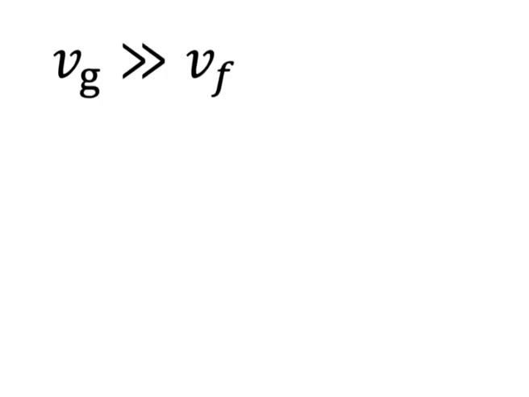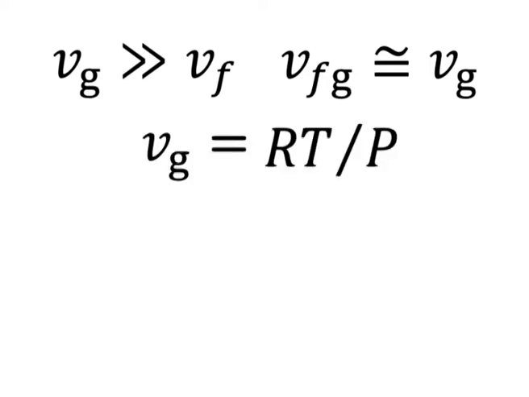The Clapeyron equation can be simplified for liquid vapor and solid vapor phase changes by utilizing some approximations. At low pressures, Vg is much greater than Vf and thus Vfg is approximately equal to Vg. By treating the vapor as an ideal gas, we have Vg is equal to RT/P.